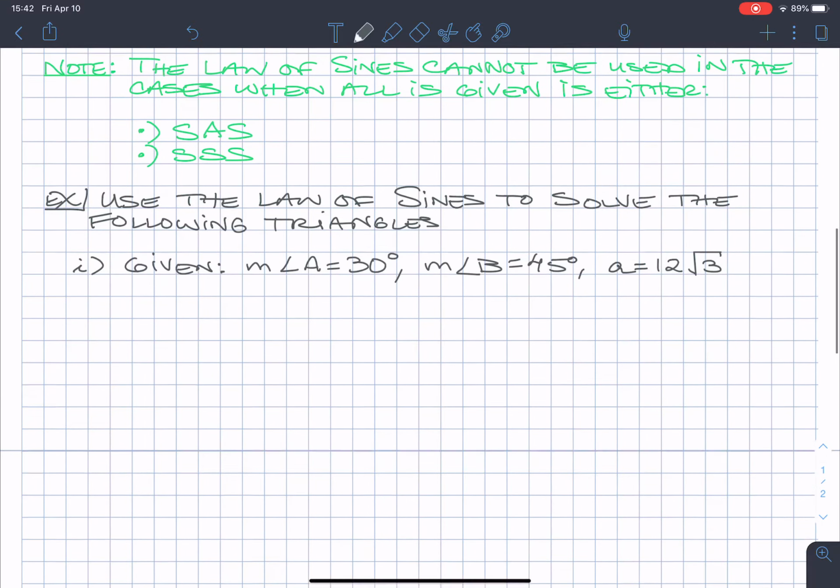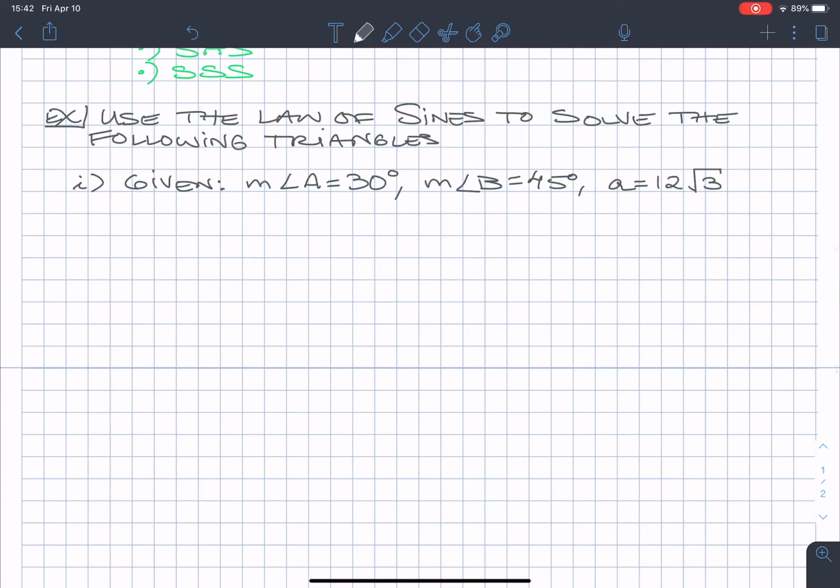Okay, so I'm going to try to create a triangle that looks something like this. Not drawn very well, but I'm trying.